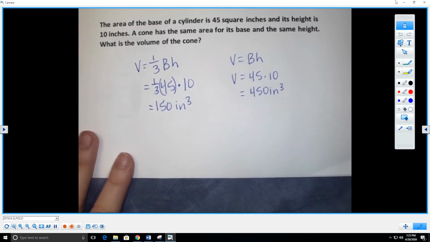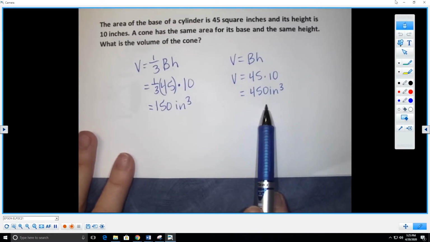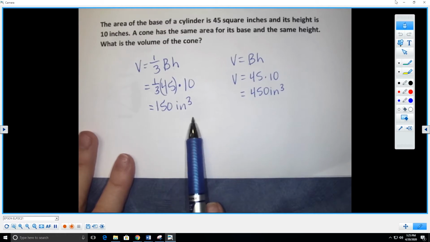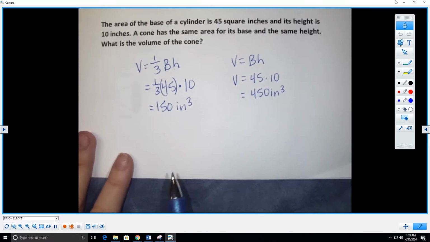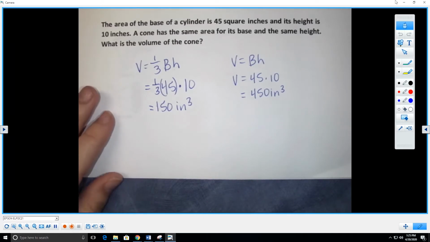Note that the volume for the cylinder is 3 times that of the cone. Therefore, this means that all cones have only 1/3 of the volume of their related cylinder. Related meaning they have the same base and height.